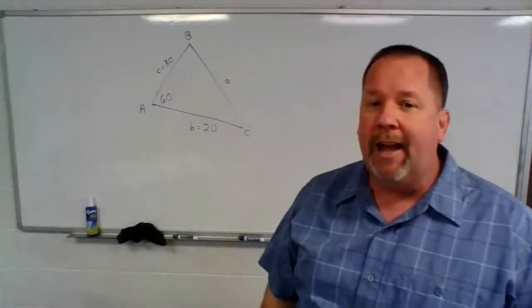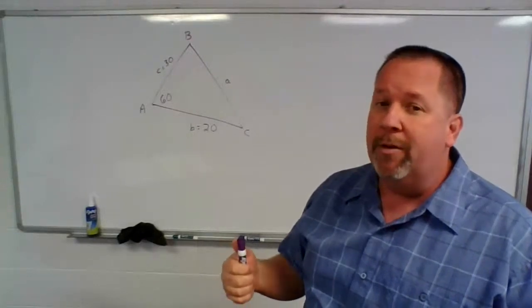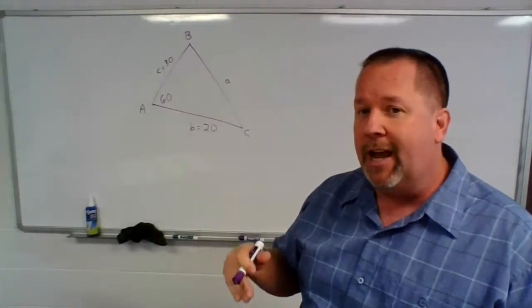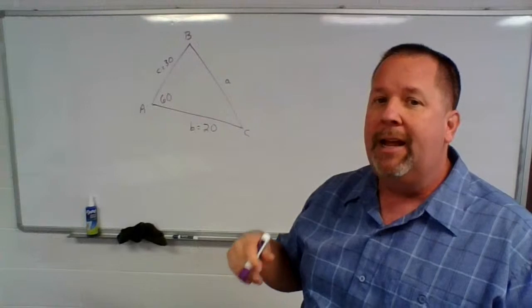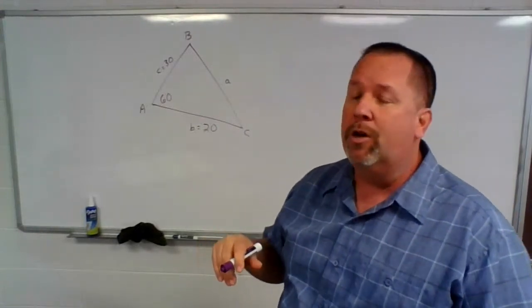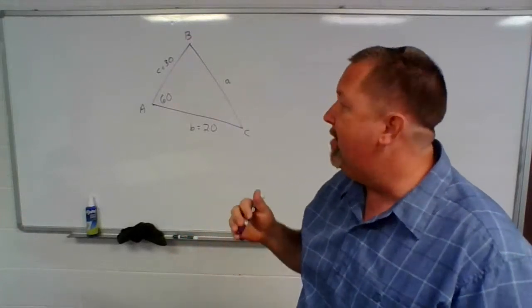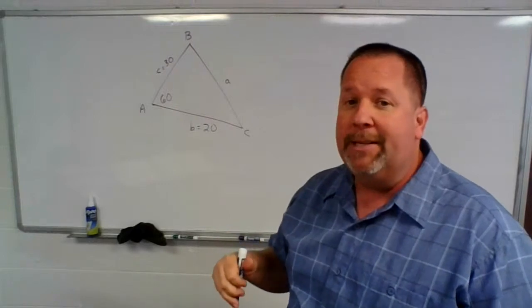But the law of sines is going to fail me a little bit because here's what we did. Remember, law of sines: a over sine A equals b over sine B equals c over sine C. And I told you guys, look for the pairing where you have both bits of information, the angle and its opposite side.